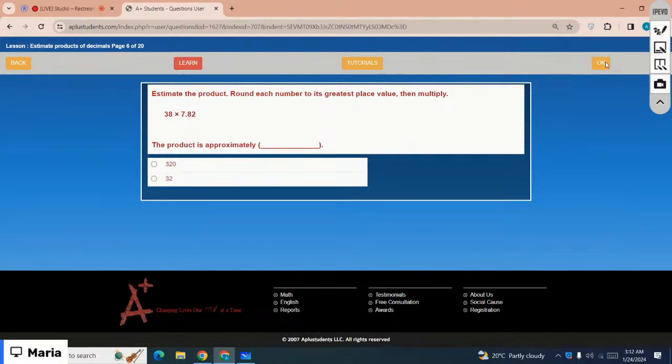So which is the correct option? 38 is rounded off to 40.